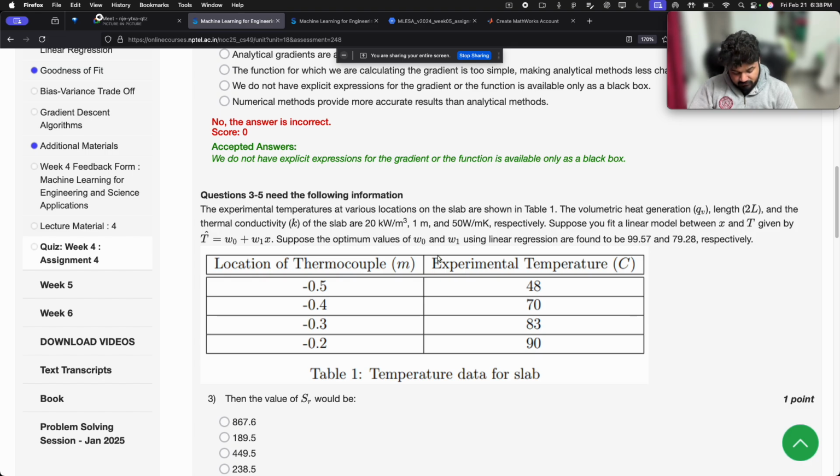99.57 plus 79.28 times minus 0.5. Similarly, this thing times minus 0.4, minus 0.3, minus 0.2. Give me the output.